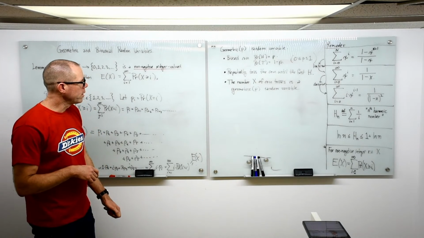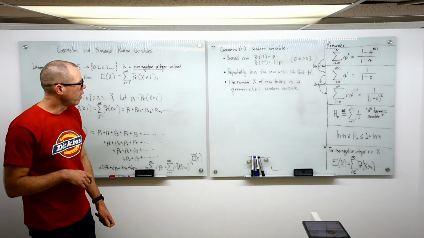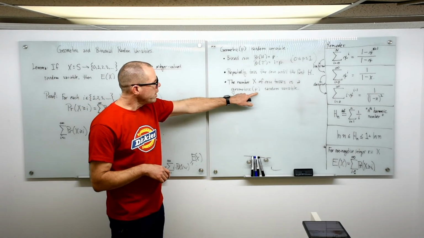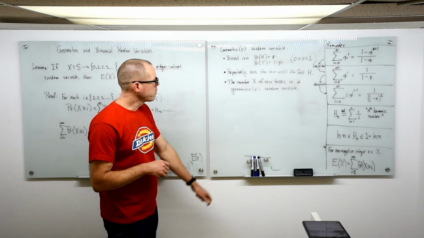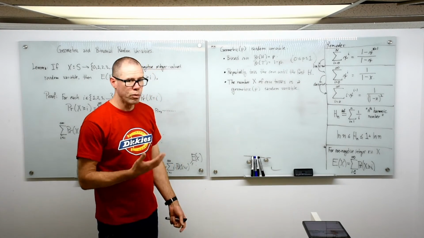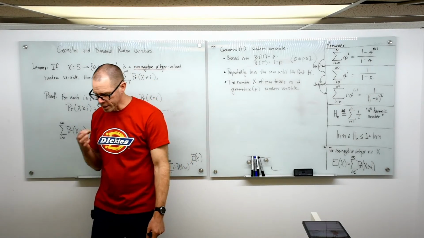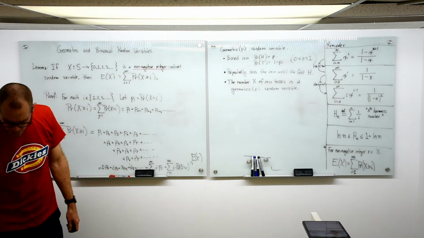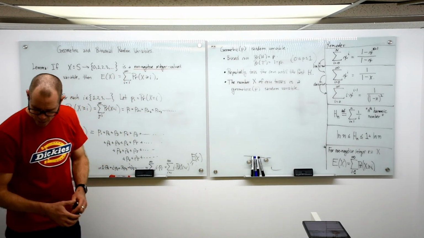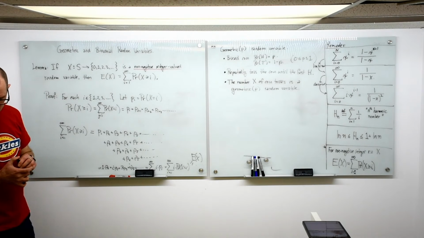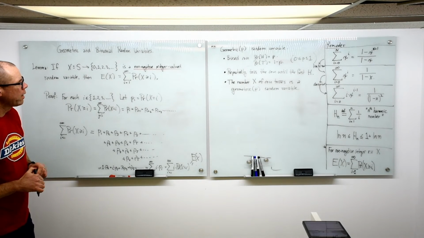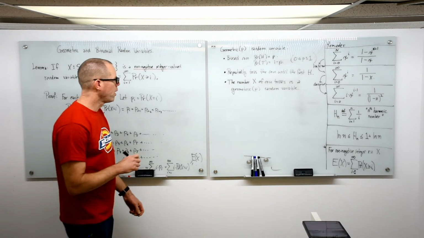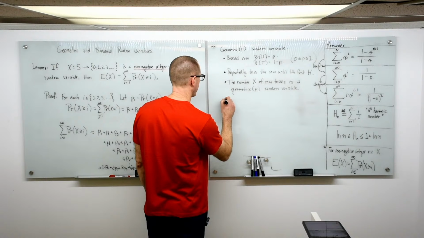And we learned that the expected value of x when p is a half, because we were only interested in fair coins, was 2. So in general, what's the expected value of x? Well, let's take a look at this thing.